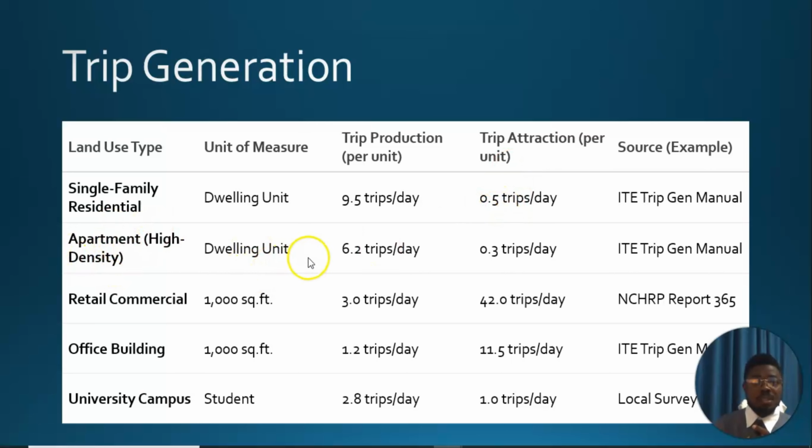Then for the apartments, 6.2, retail commercial, 3 trips per day, office buildings, 1.2 trips per day, then university campus, 2.8 trips per day. And here are some of the breakdowns of it.